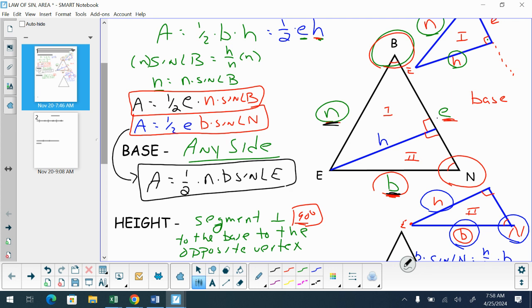Let's take a look at, I'll leave you off the hook here. Let's take a look here at, we want angle B and angle E and sine of angle N. Well, let's take a look at the relationships between those two sides that we have and the angle that we're using. We had EB angle N. We have NE angle B. And same as said N and B and angle E. What's the relationship between those two sides and that angle?